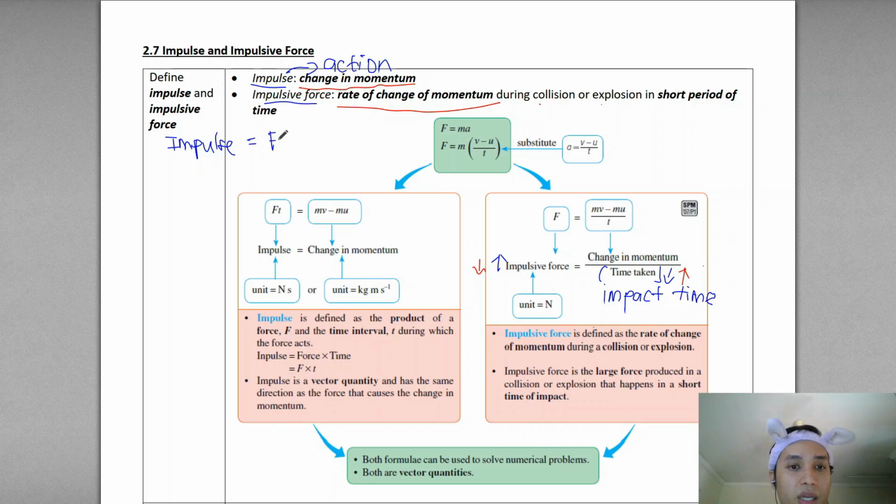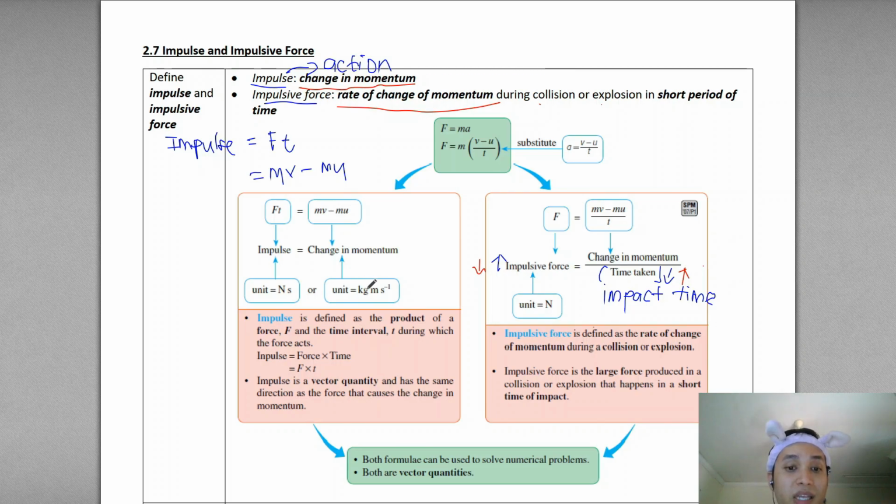One is you calculate F multiplied by t. Another way is you take mv minus mu. Okay, so these are the two formulas for you to calculate impulse. Alright, and impulse is equal to, not rate of change, it's the change in momentum.